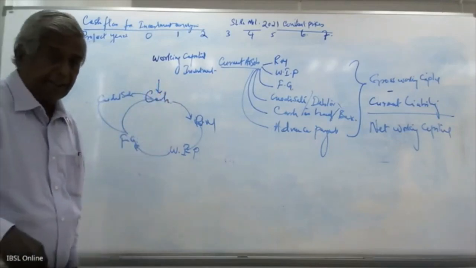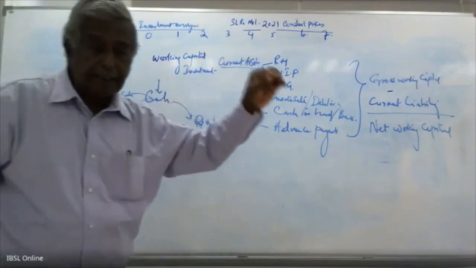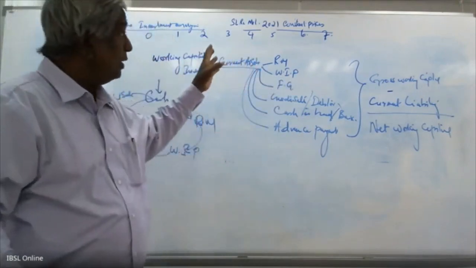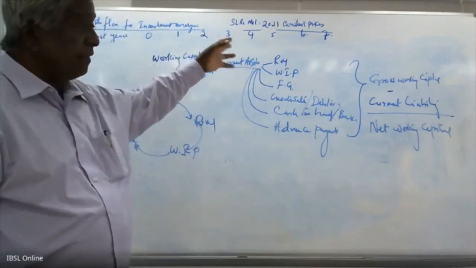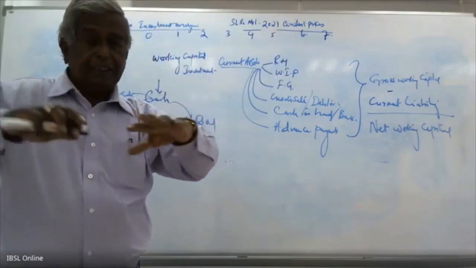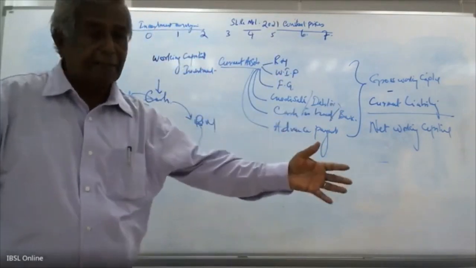In our example also, the working capital investment you are recovering. And we are doing all these calculations at the 2021 concern prices, as I have told you. So what you have invested at concern prices, you are recovering.